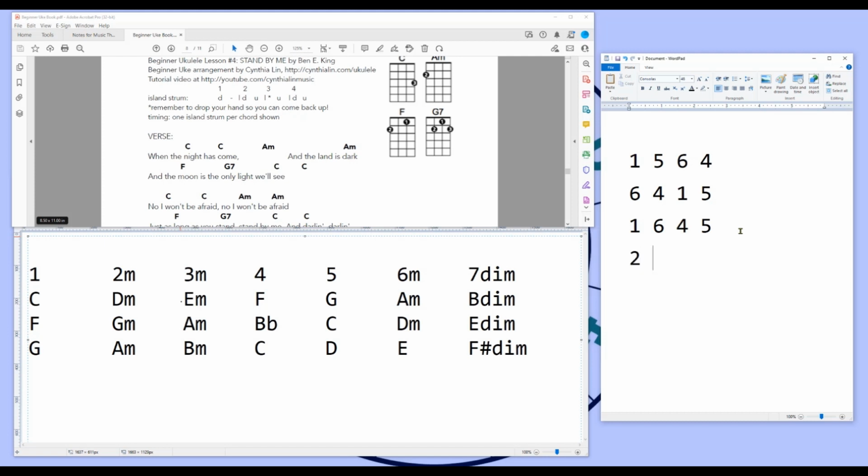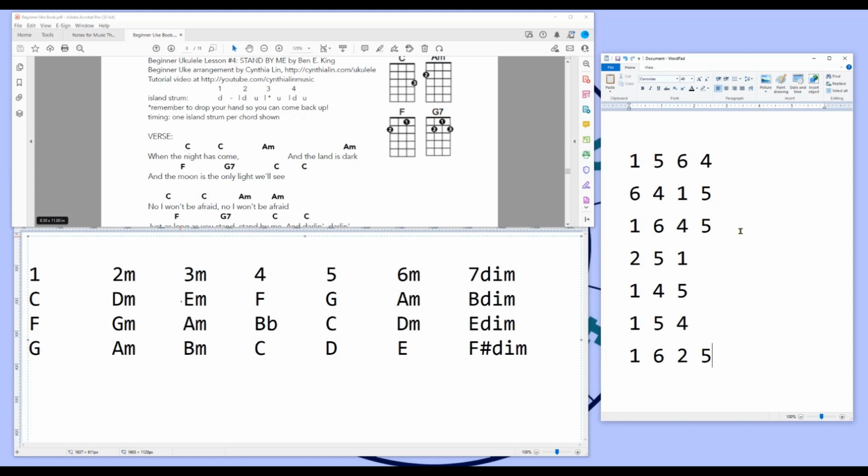2-5-1, 1-4-5, 1-5-4, 1-6-2-5. Like I said, you don't have to memorize, but what you're going to realize is that there are certain chords that are played more than others.